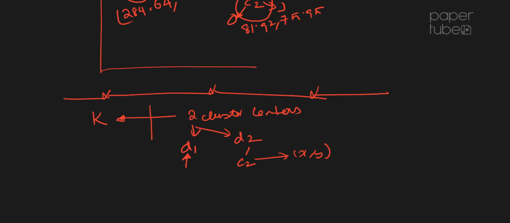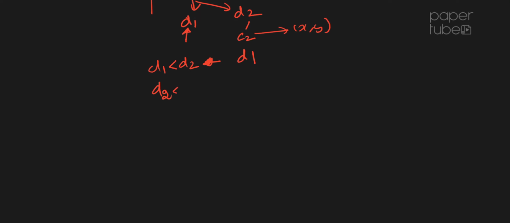Based on d1 and d2, if d1 is smaller than d2, then we assign that data point to category 1. If d2 is smaller than d1, then we assign that particular data point to category 2.